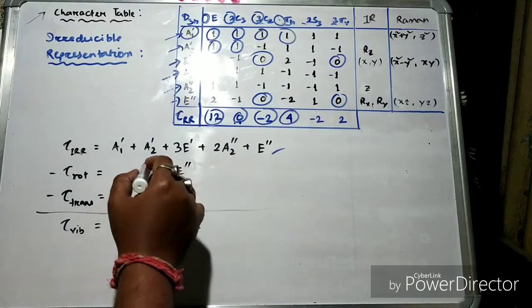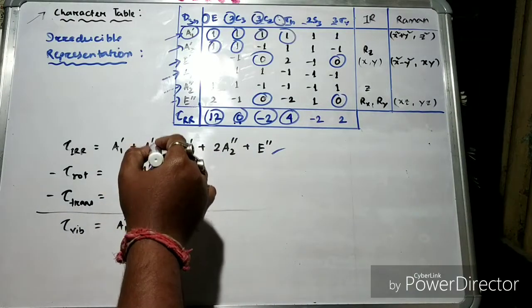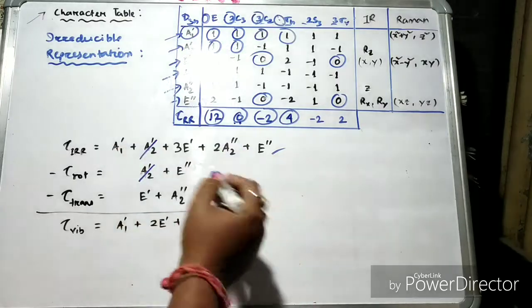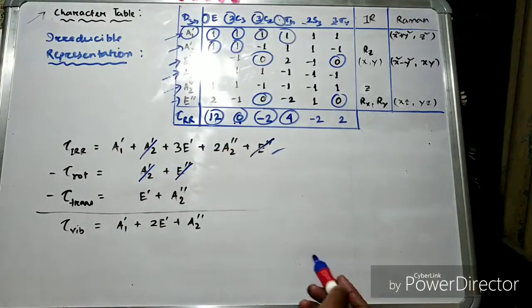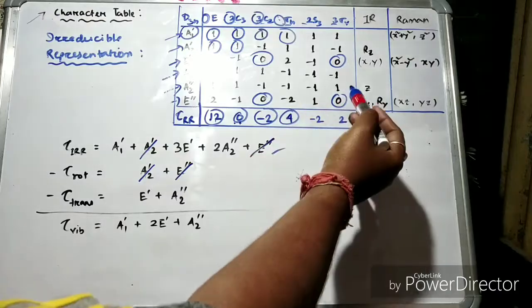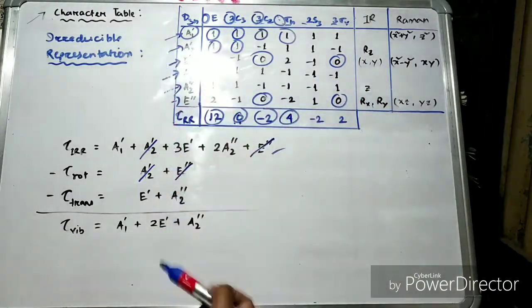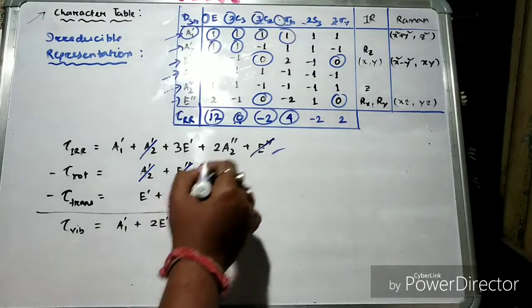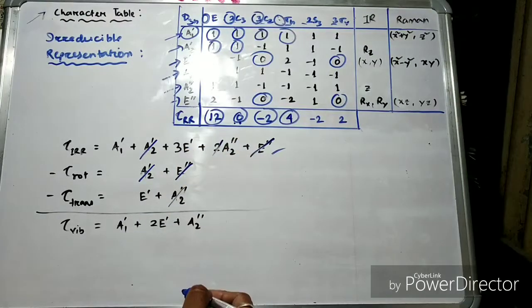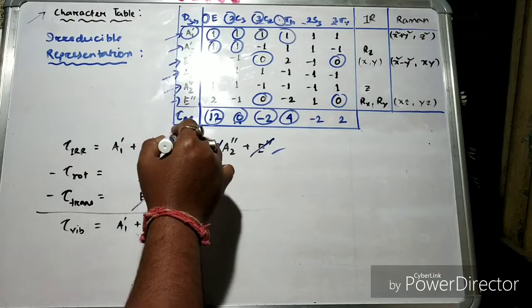So A2 dash and A2 dash will cancel out, and E double dash and E double dash will get cancelled out. And for the translational degrees of freedom we will get E dash and A2 double dash. So this A2 double dash will cancel with this A2 double dash, and E dash will cancel with this, and 2 will remain.